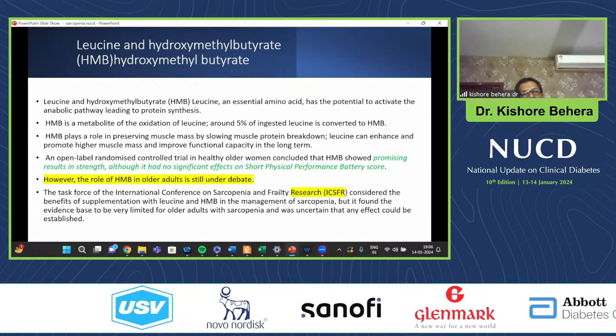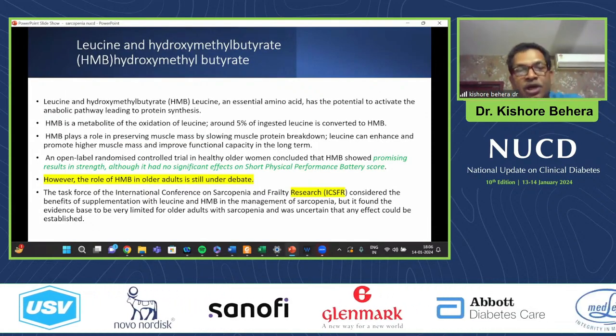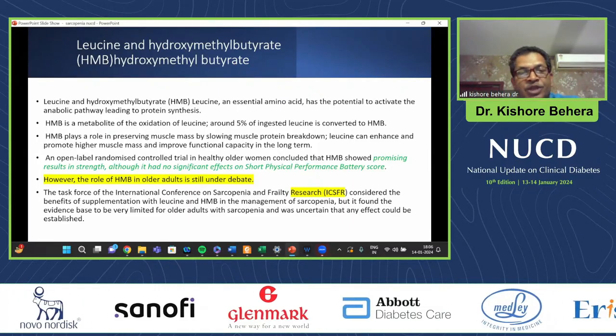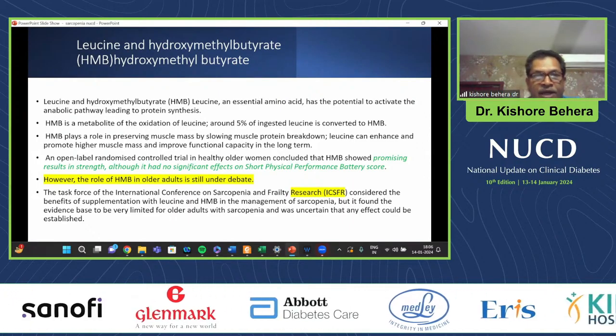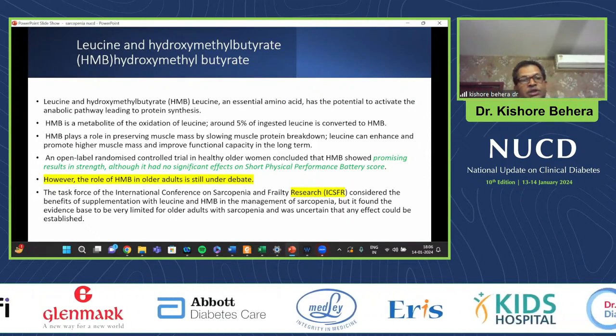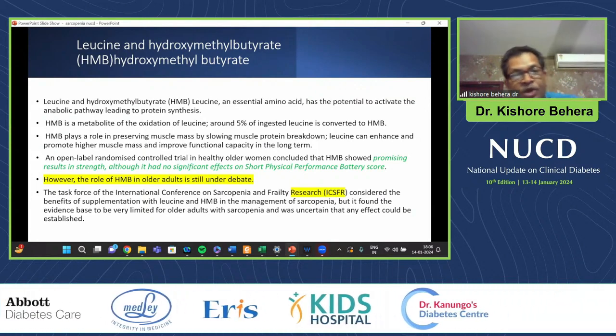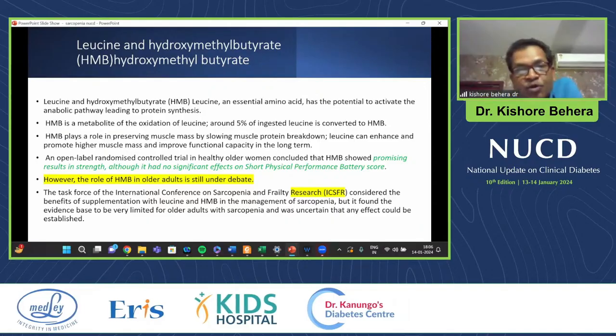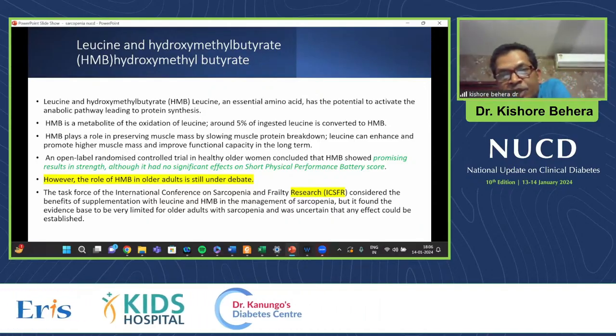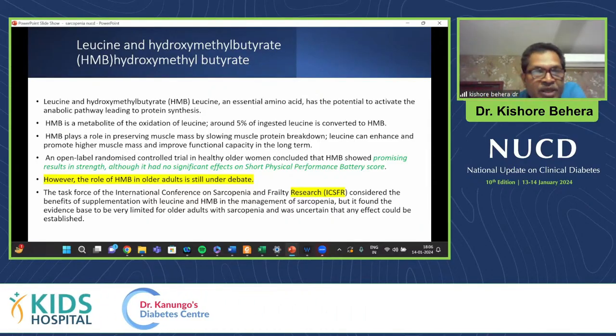Now coming to leucine and hydroxymethyl butyrate, which has been seen to be a metabolite. HMB is a metabolite of oxidation of leucine, and around 5% of ingested leucine is converted to HMB.